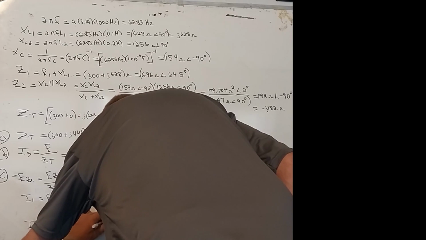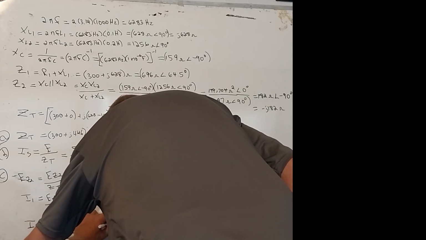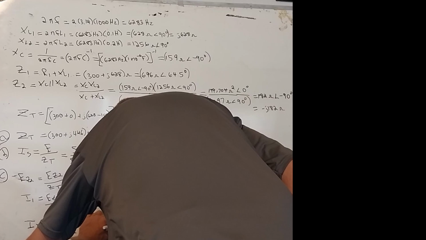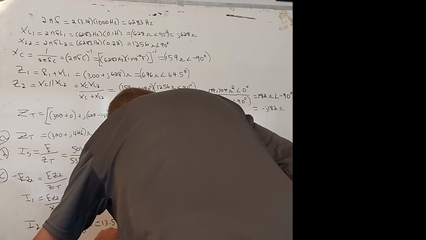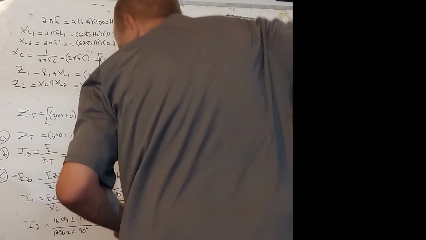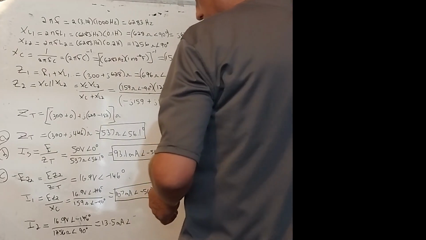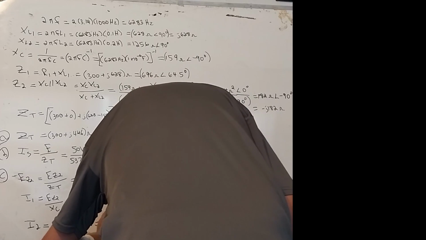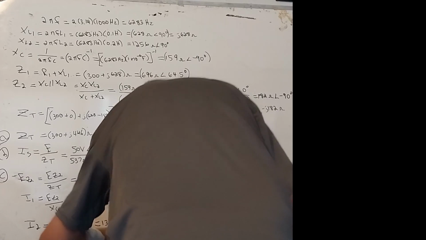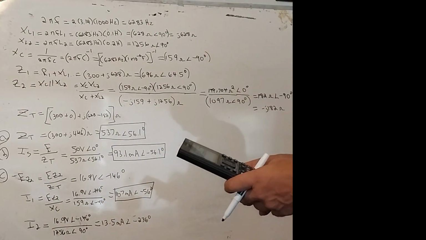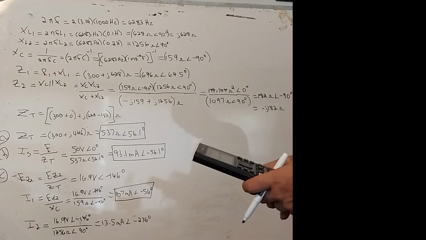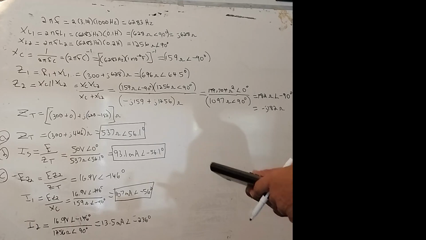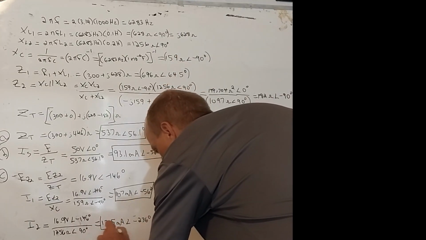We got 13.5 milliamps at an angle of negative 146 minus 90, that's negative 236 degrees. So this is our I2.